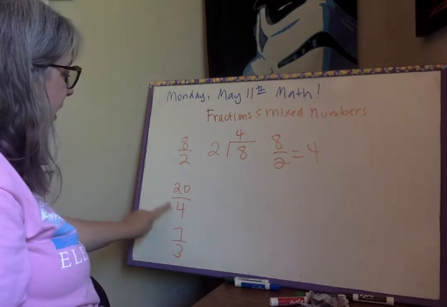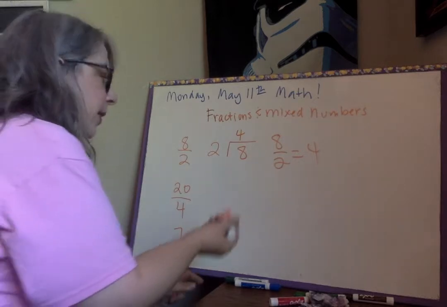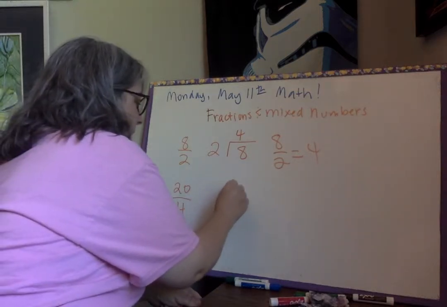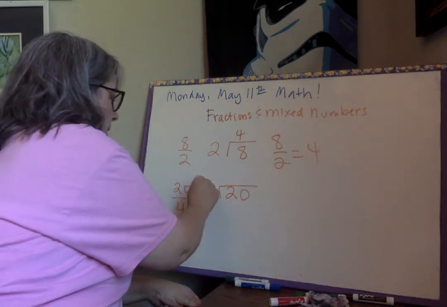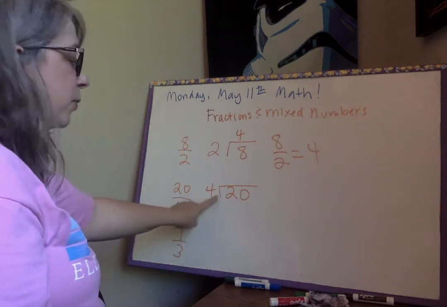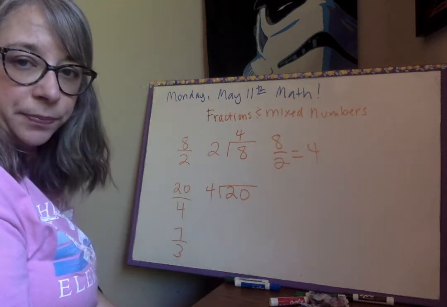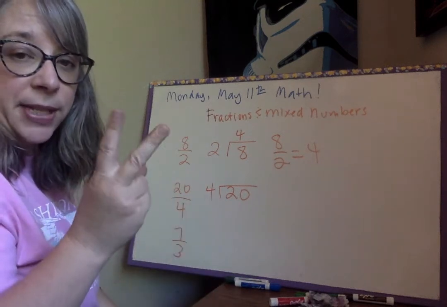Okay, so what about this? 20 over 4. It's the same thing. 20 is going to be our dividend, and 4 is going to be our divisor. And what times 4 is 20? Is something times 4 equal to 20? In this case, yes. So 5, 10, 15, 20.